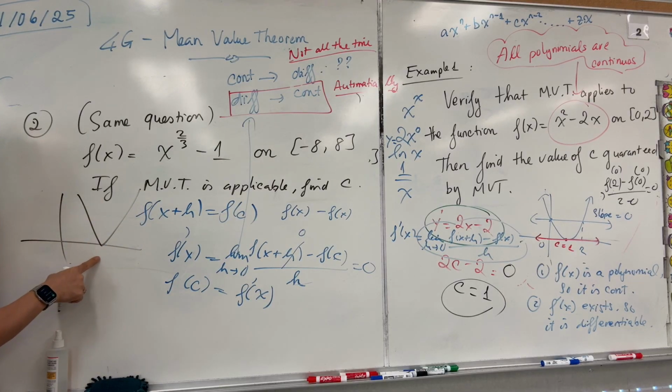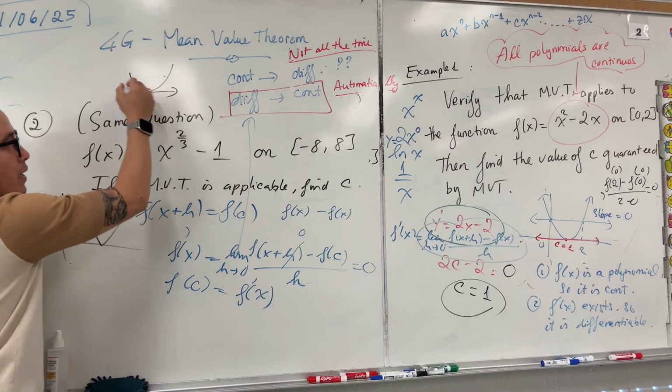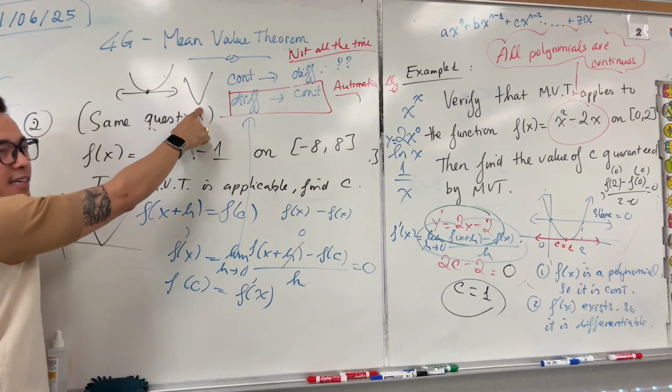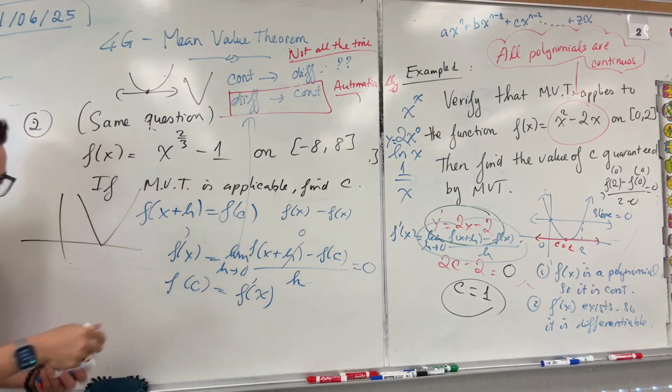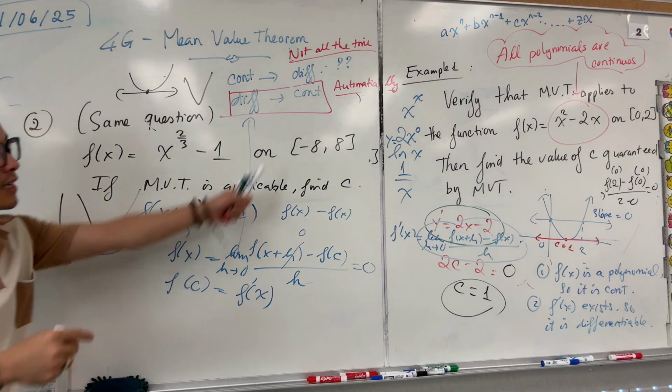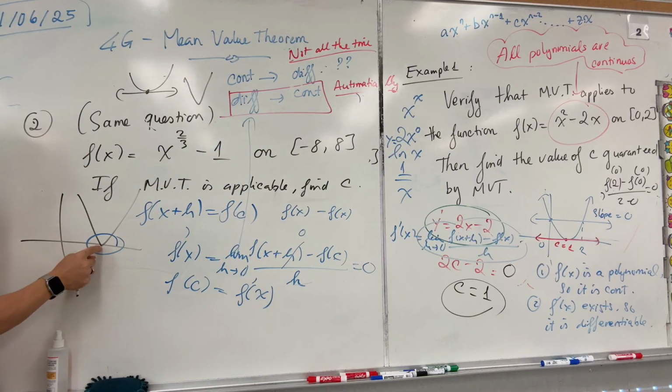This right here doesn't have slope. The slope only happens when they smooth like this, okay? Like this one they have slope, right? But if you make a sharp turn like this, there's no slope. So they fail right here. Okay? Is it continuous? Oh yeah, for sure, right? It's continuous. But is this differentiable? No, because there's no slope right here. Make sense?